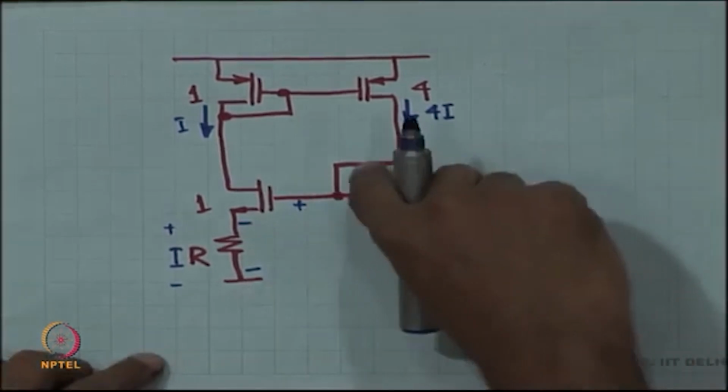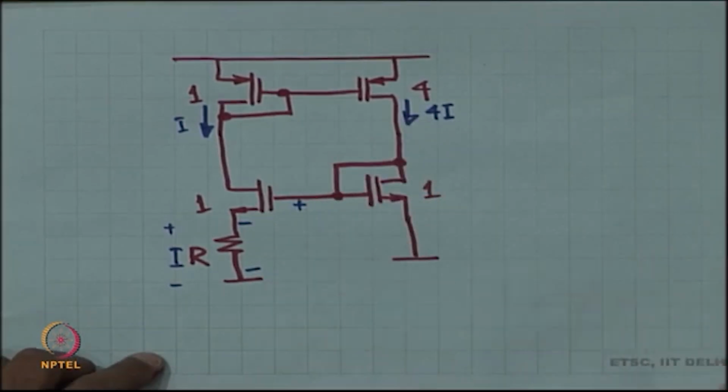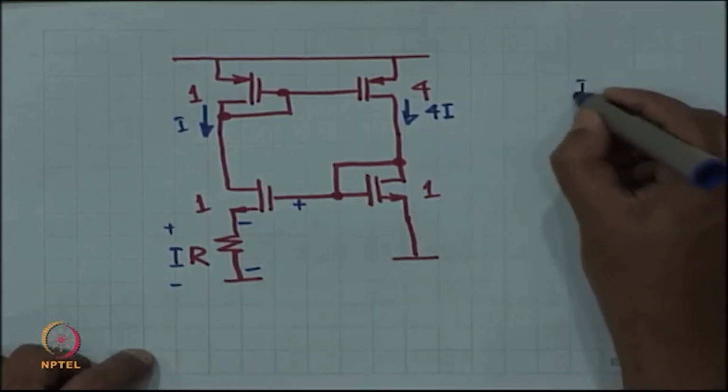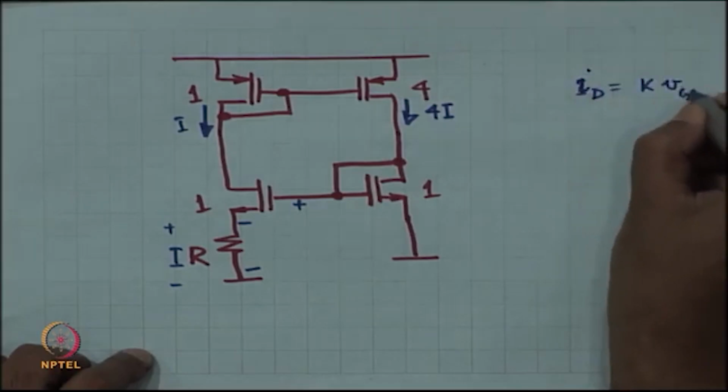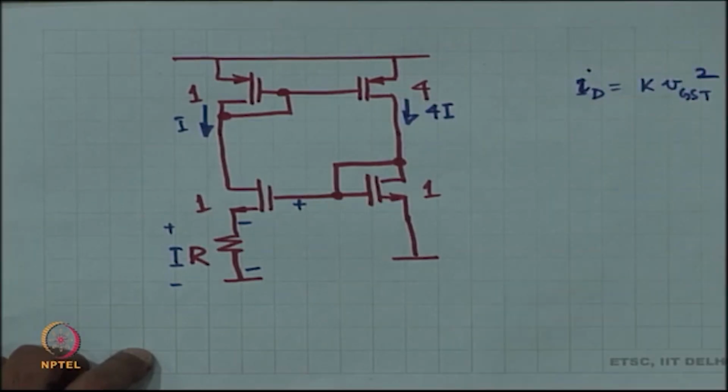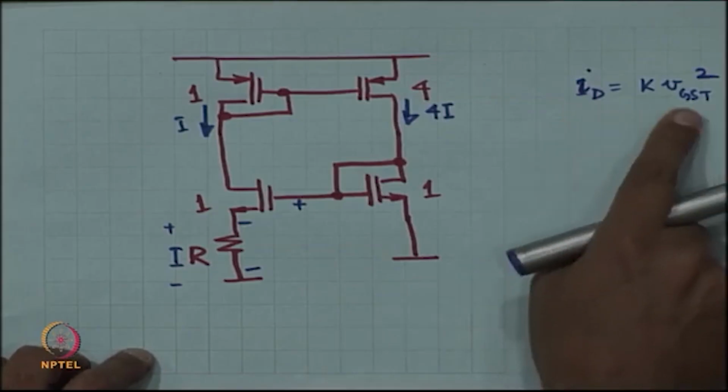So, the requisite VGS for 4I, VGST of 4I is going to be 2 times the VGST of I, right, because square law K times VGST squared is I. Okay. So, if I is 4 times, then VGST is 2 times.